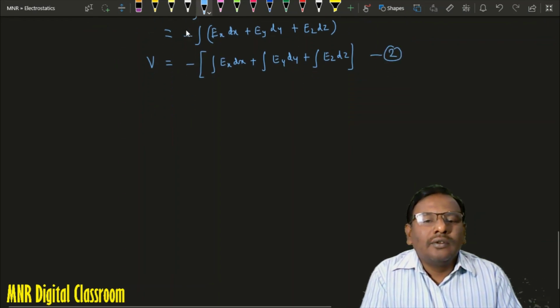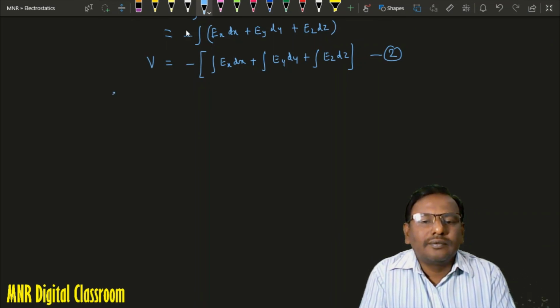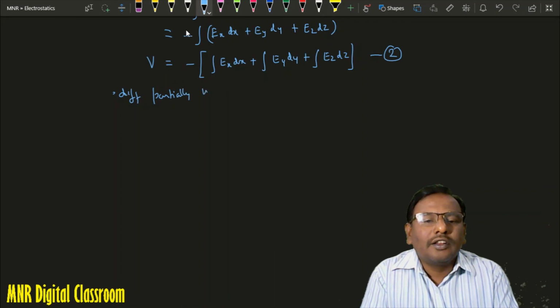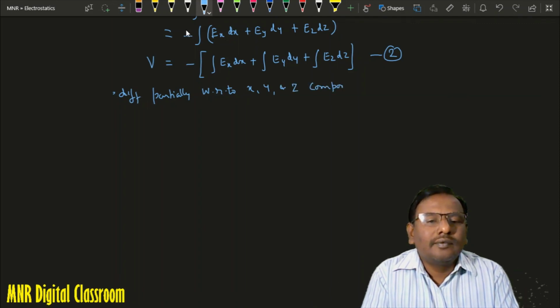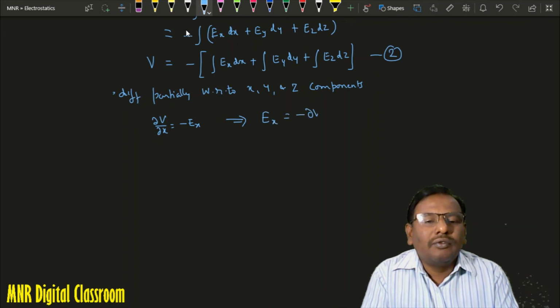Now let us differentiate this equation partially with respect to x, y and z components. We get dou V by dou x is equal to minus Ex, which implies Ex is equal to minus dou V by dou x.